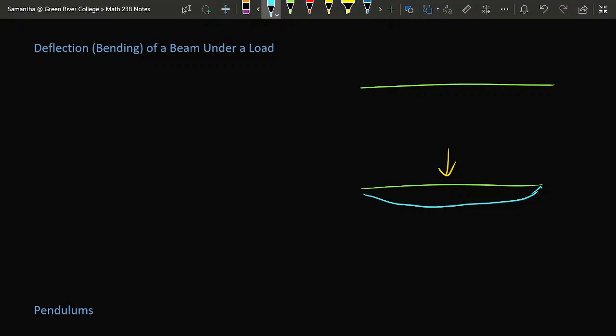If I use y to represent the amount by which the beam bends, and I use w to represent the weight on the beam at horizontal position x, the deflection can be represented by a fourth order differential equation. If I take the fourth derivative of y and multiply it by a constant, where this constant represents the rigidity of the beam, the fourth derivative of y multiplied by this constant is equal to the weight or load at the position x.